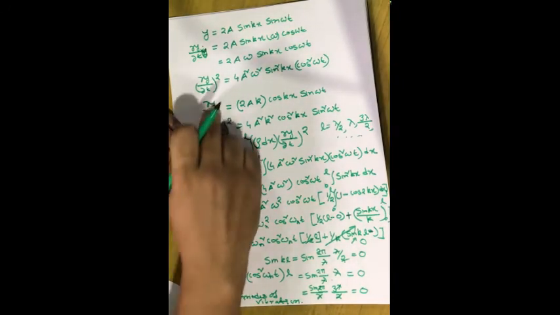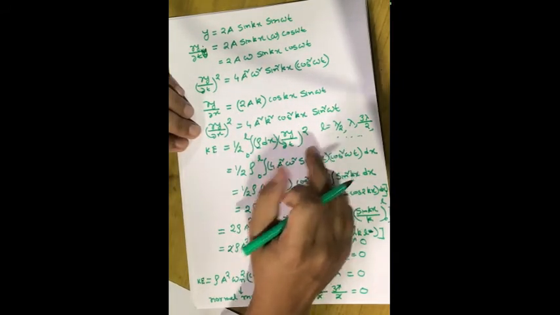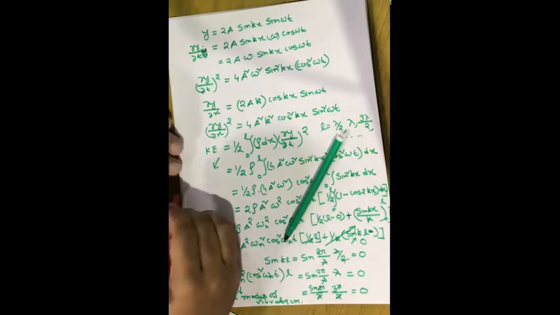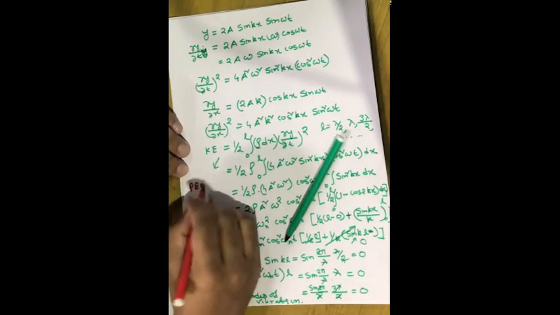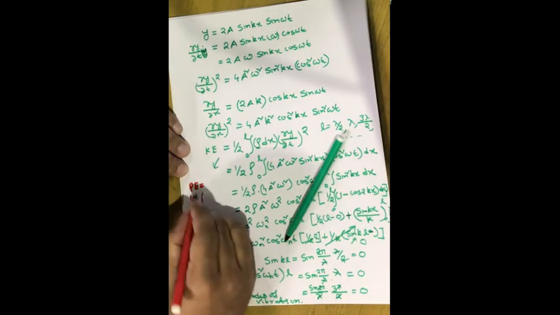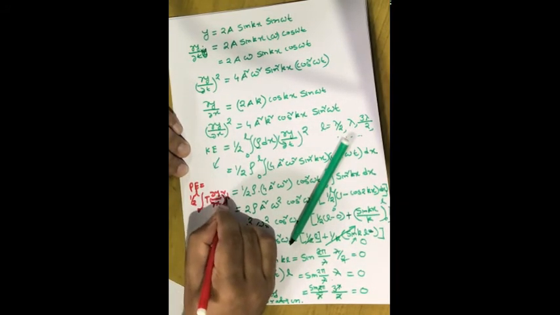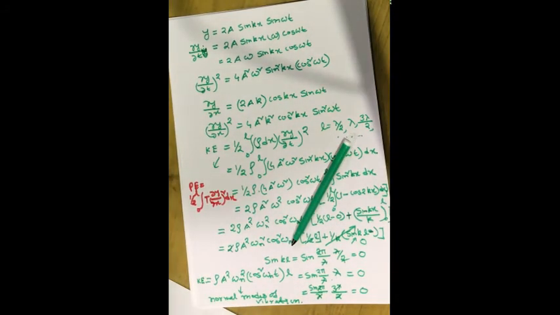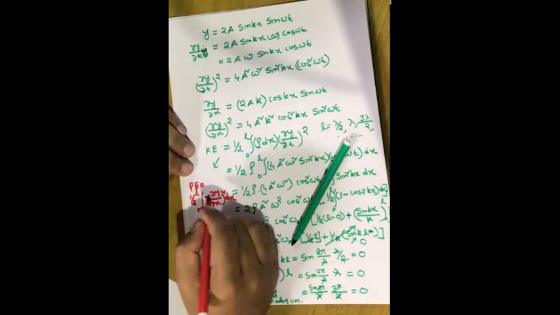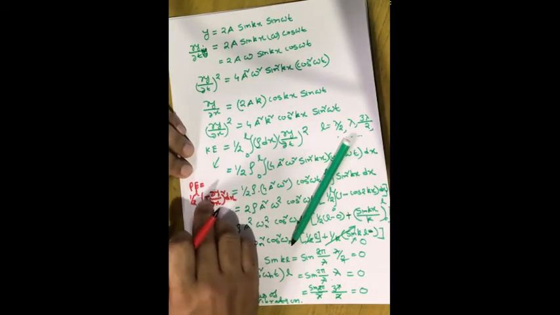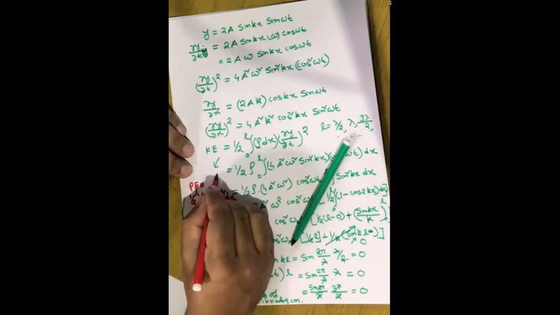Similarly, we can also calculate the value of potential energy. What is the value of potential energy? PE is equal to half integral from 0 to L of T (del y by del x) whole square dx. I left it as a homework problem because here you have to express the tension of the string with respect to rho and c.